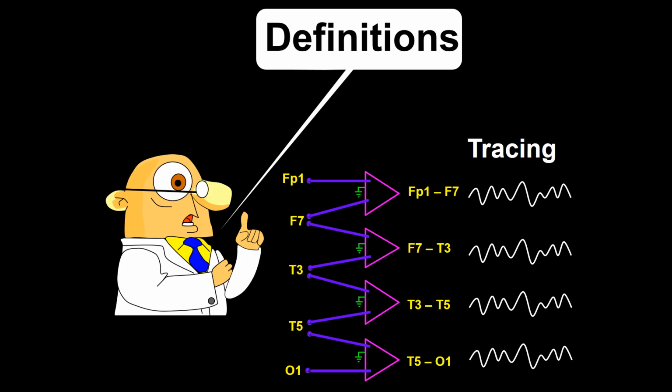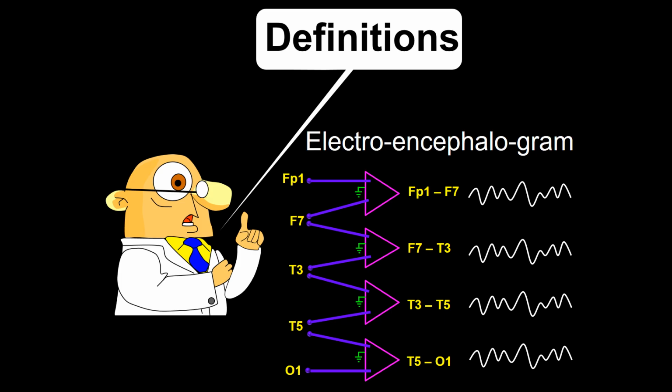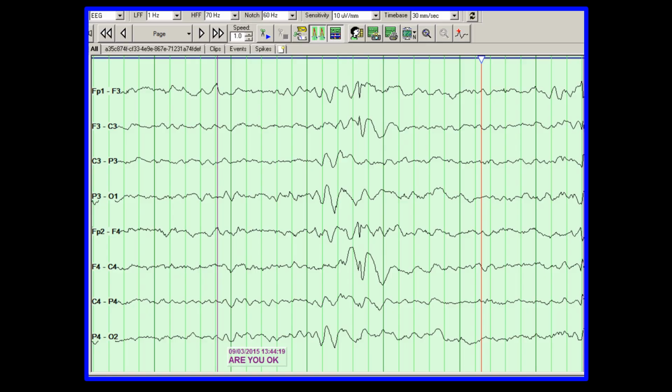All the channels together constitute a tracing. A tracing is an electrical picture of the brain at a moment in time, and as such is called an electroencephalogram. This frame shows an epoch of an electroencephalogram.